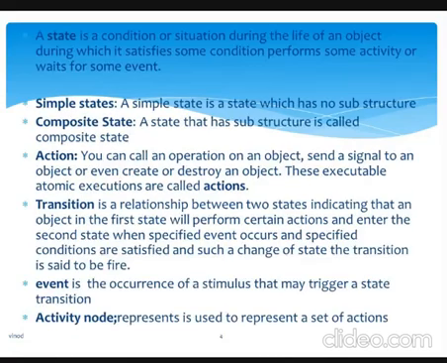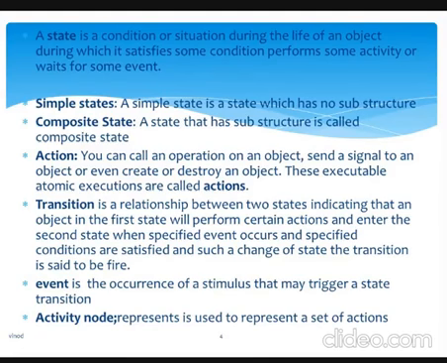So what is a state? Generally, a state is a condition during the lifetime of an object which satisfies some condition. So how does the state change from one state to another? When a condition is satisfied, by an activity, the object goes from one state to another.